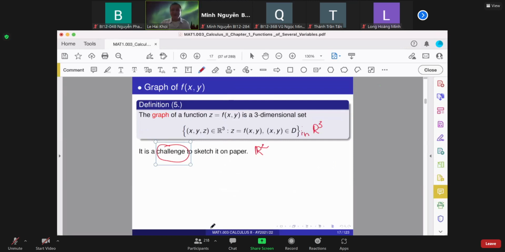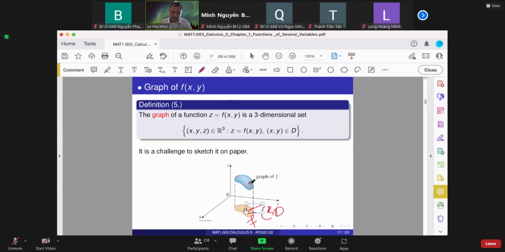That's very interesting. For example, here, this is the domain of f, x and y. But f(x, y) is somewhere there. See? And when x and y run over the domain D on the xy plane, then you have a graph somewhere in the space.